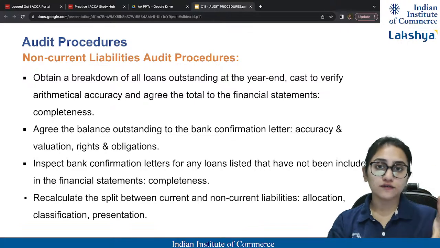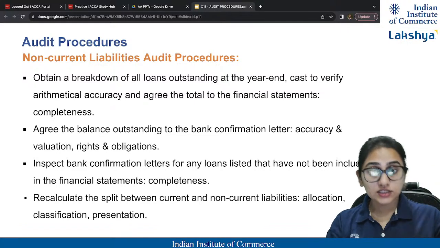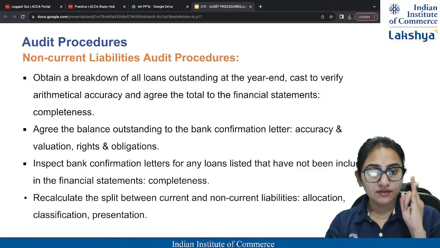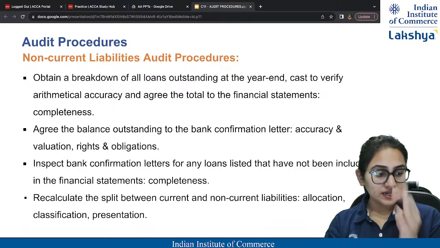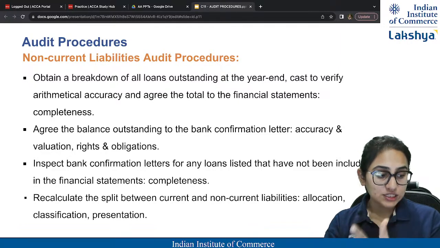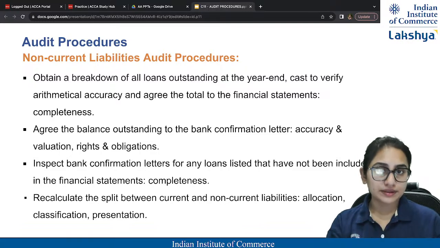This is your moral of the story. Now for these things you have to design procedures, because your end line is completeness, valuation, accuracy, rights and obligation, recalculation, reperformance, inspection, observation, inquiry.